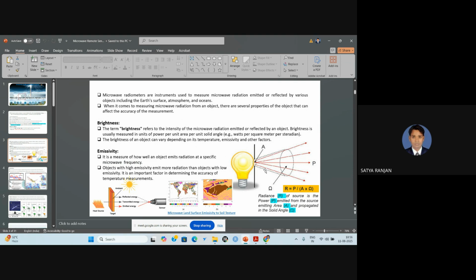In microwave remote sensing we also use these methods. Then emissivity is a measure of how well an object emits radiation at a specific microwave frequency.